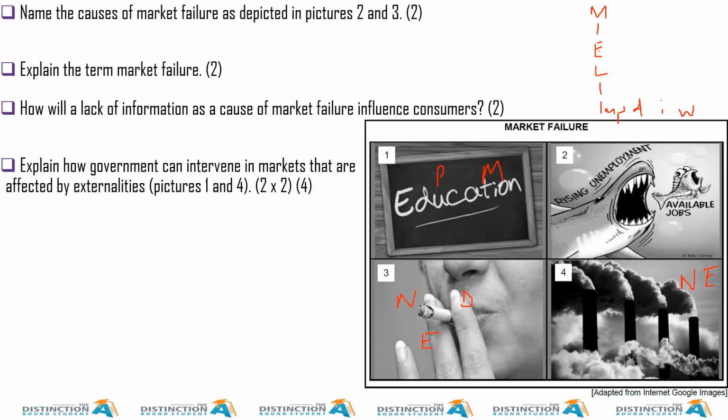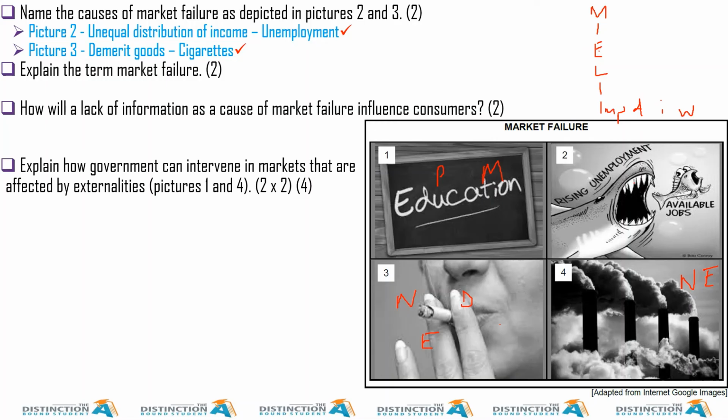Right, let's see. Name the cause of market failure as depicted in pictures 2 and 3. Okay, that's easy. I've given you the answer. Picture 2, it's imperfect distribution of income and wealth.